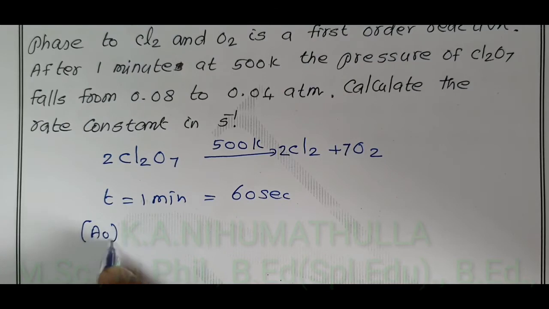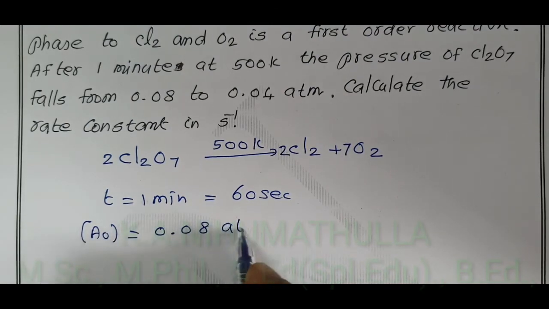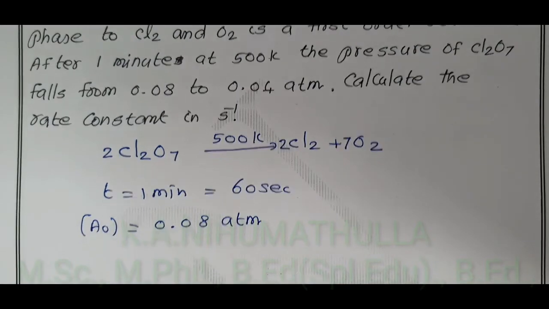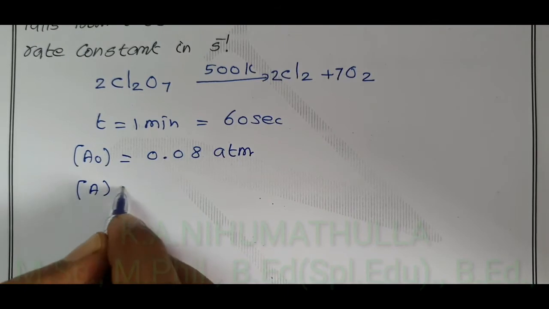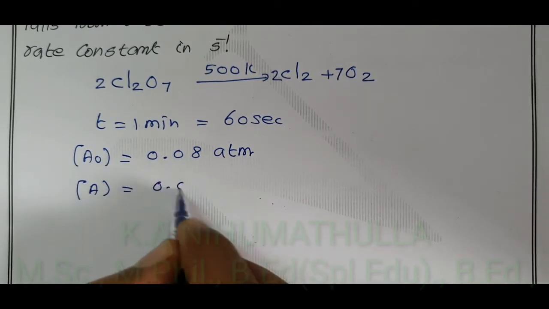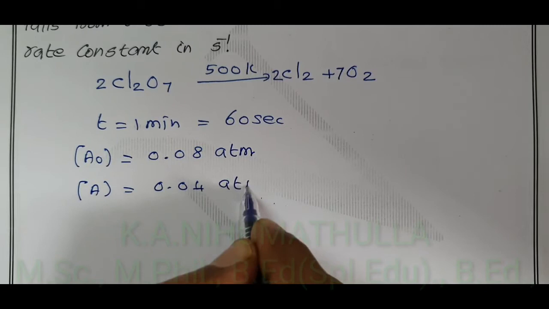Initial concentration is given as 0.08 atm. In pressure value it is given, we can take it as A0 value. And the concentration after the time, A, equal to 0.04 atm.